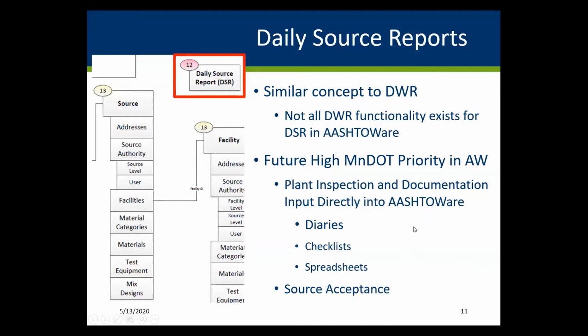So our priorities: plant inspection and documentation input directly into AASHTO, to have that same diary functionality that a DWR has. There's a lot of checklists and spreadsheets that we use in our plant monitoring operations, and all those are future hopes for the daily source reports, to be able to do things along the lines of source acceptance and things like that.